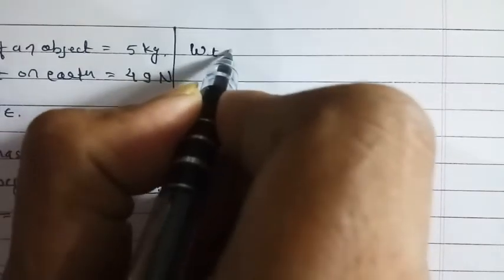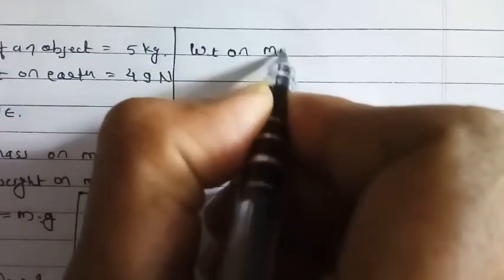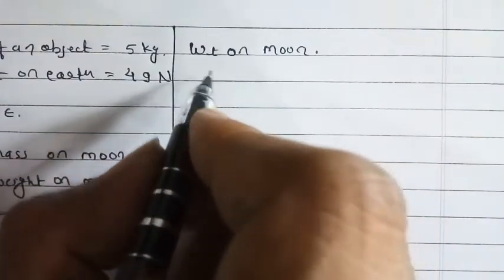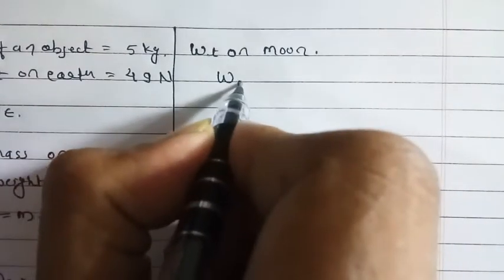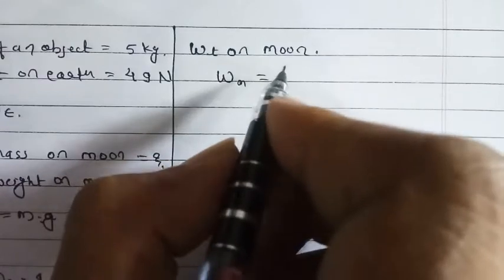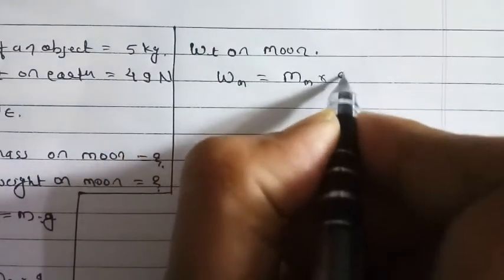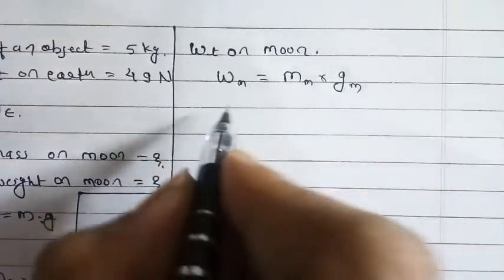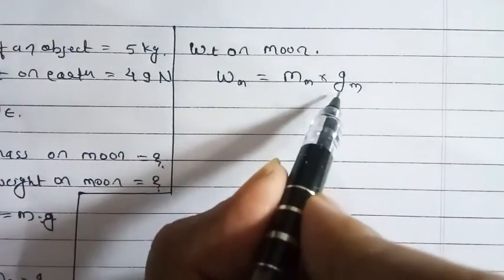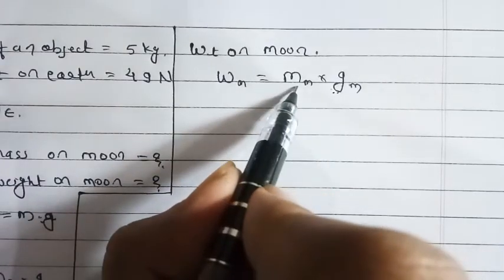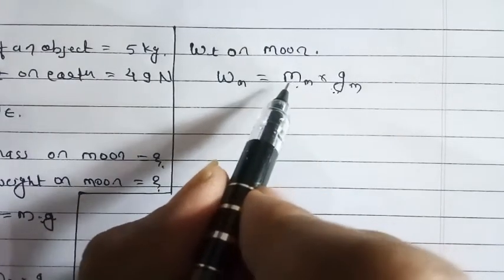Now weight on moon. We know the formula: weight on moon equals mass on moon into gravity on moon.